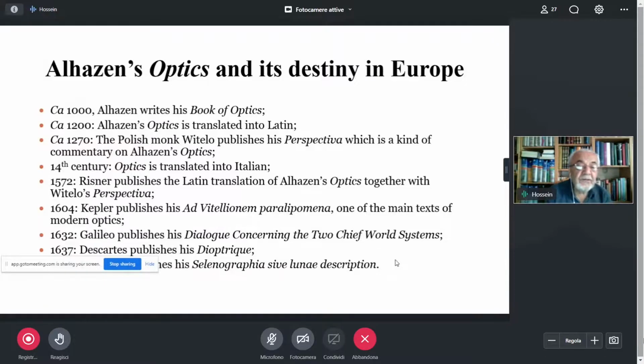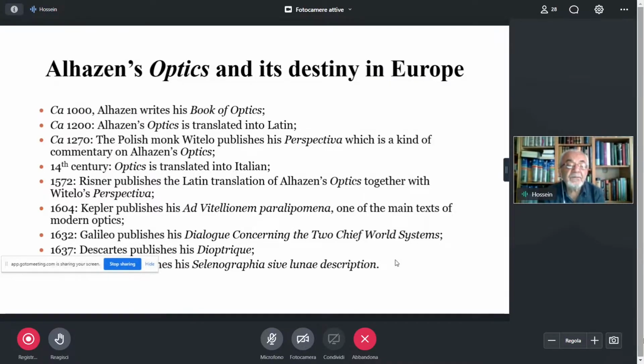This book was written in about the year 1000 and had a great influence on the later development of optics in Europe, as is shown in the dates I cite here.